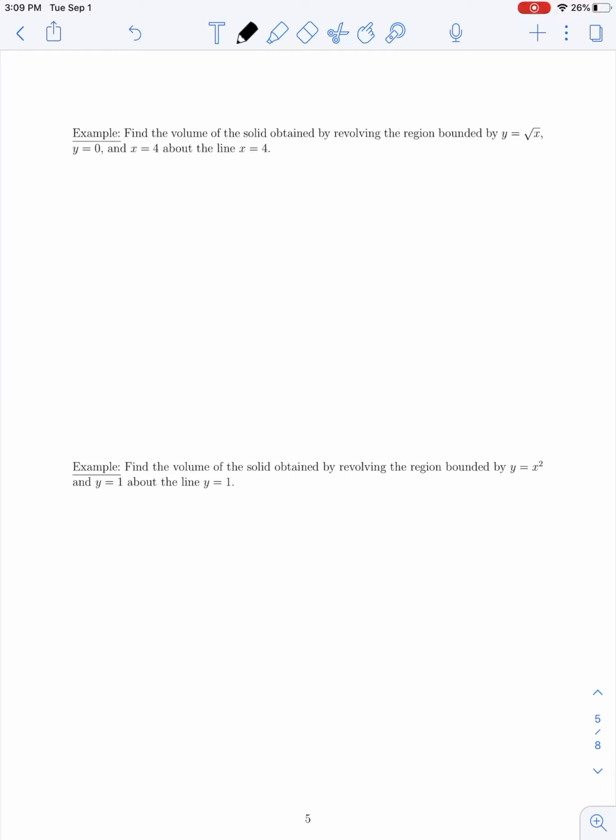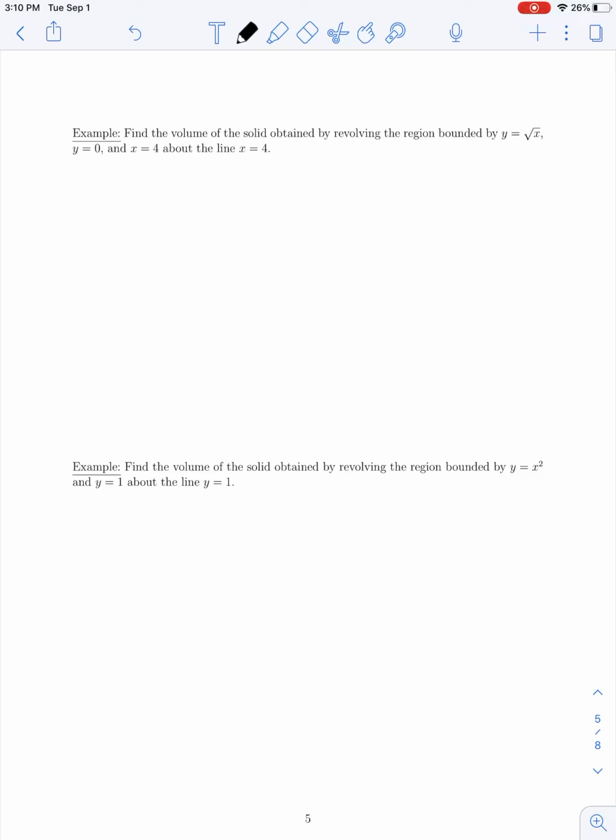So in that case, where our axis of revolution is not one of the x or y axes, our formulas for the disk method get a little bit trickier. In particular, determining the radius of our disk is a little bit more difficult. So let's consider some examples of this.